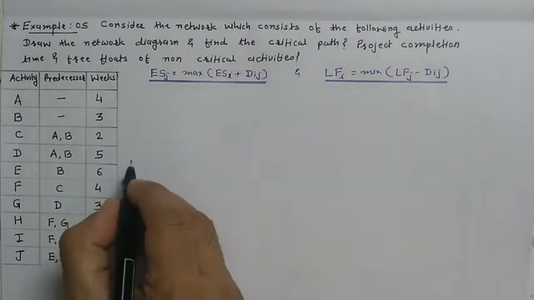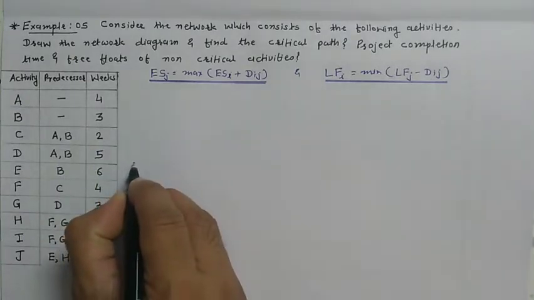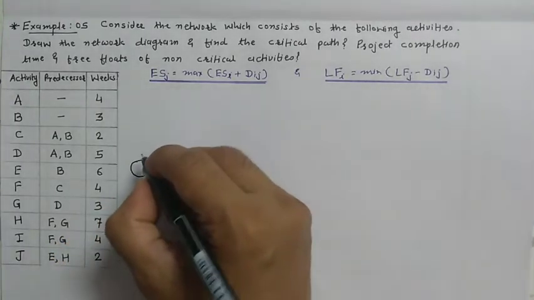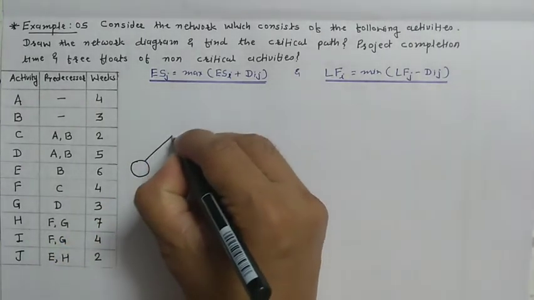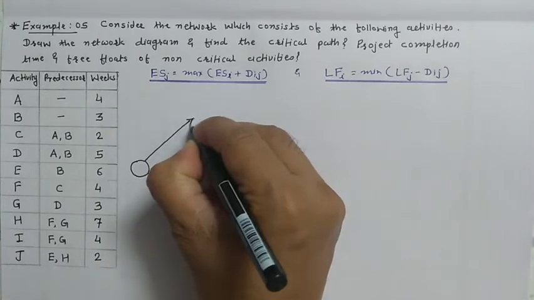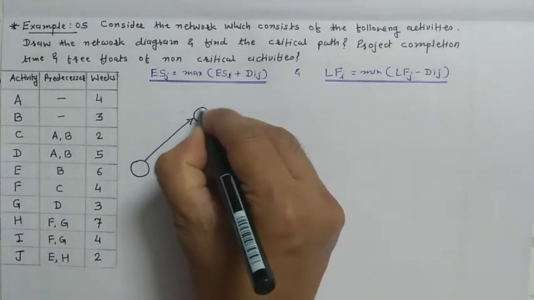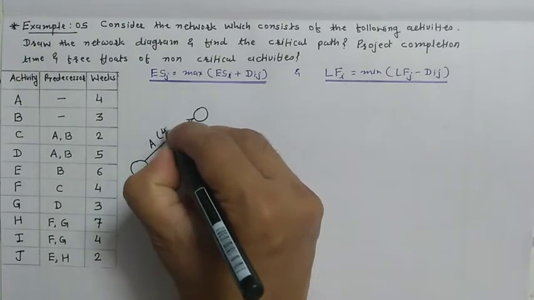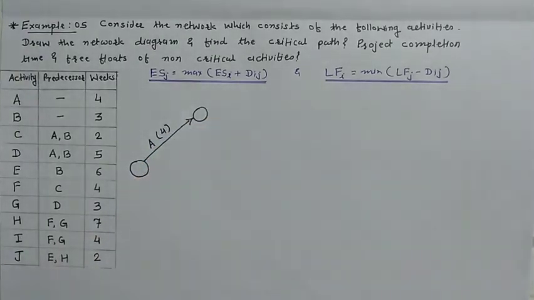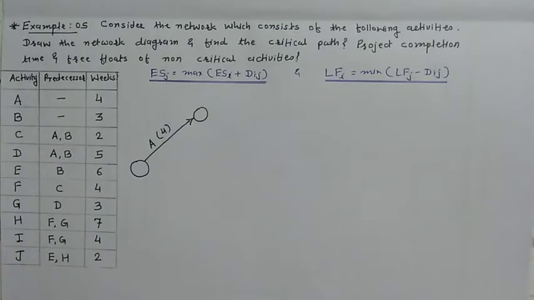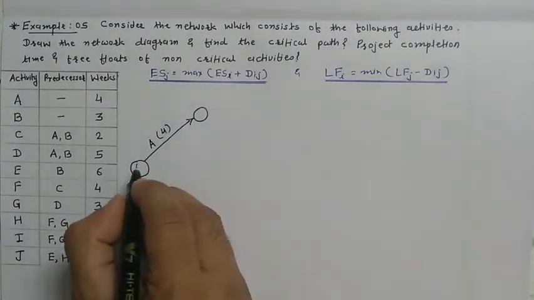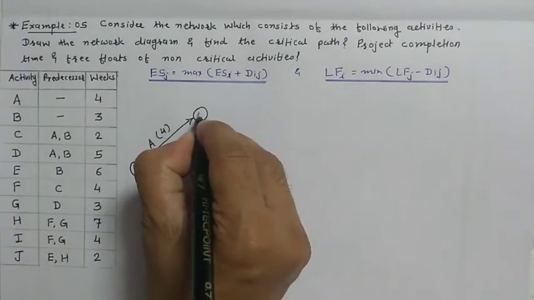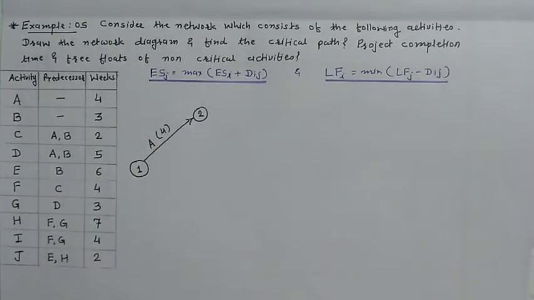Okay, so this is event 1, this is activity A, which has a duration of 4 weeks. So this is event number 1 and event number 2.